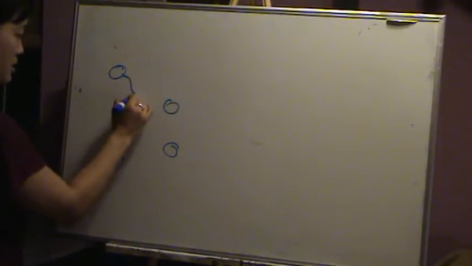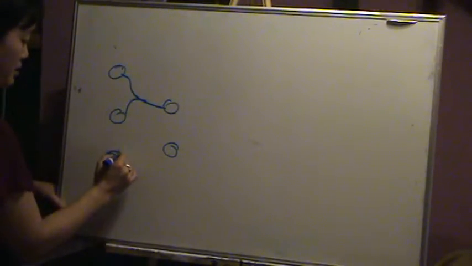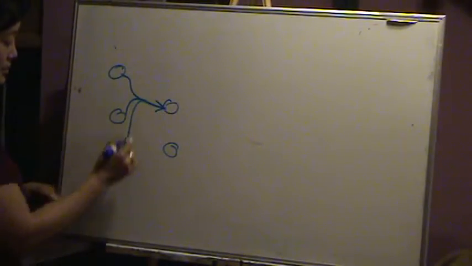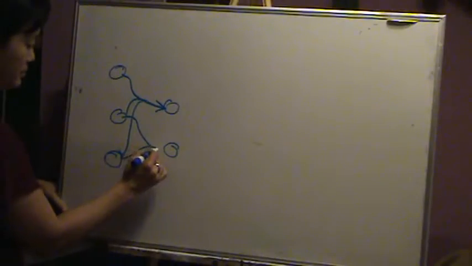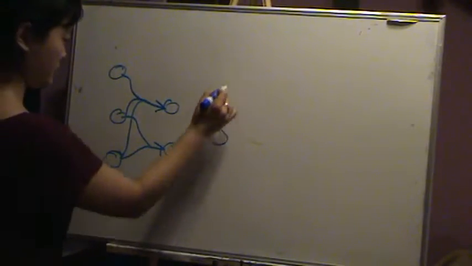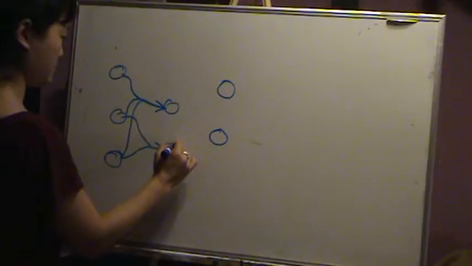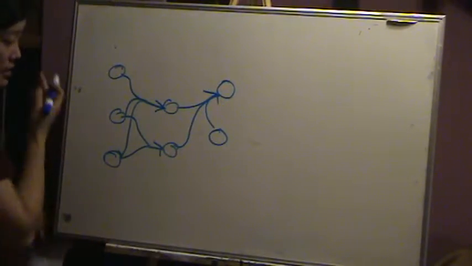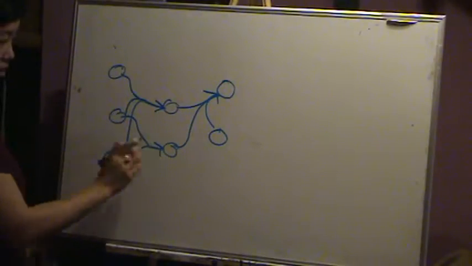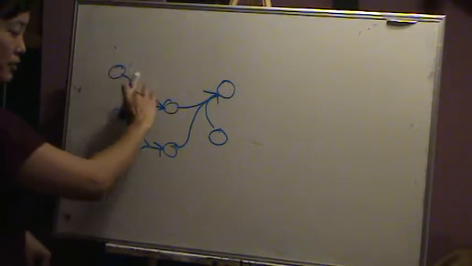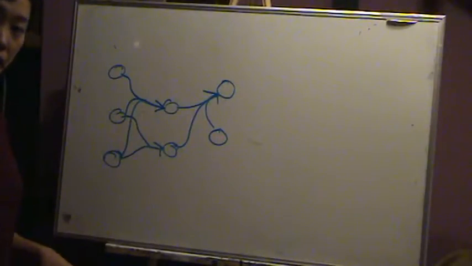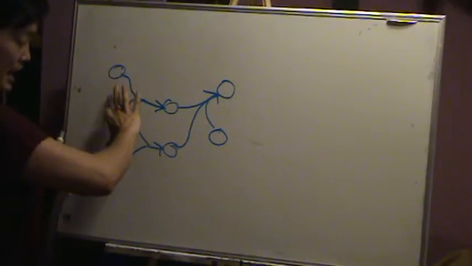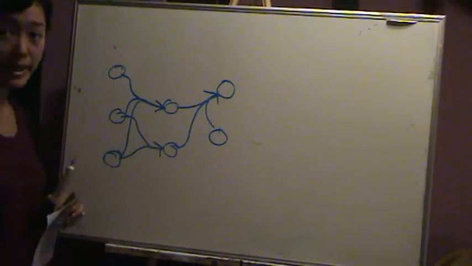There can be 1 or more tails, but there can only be 1 head. As you can see, these all converge onto one. Multiple nodes as tails will converge onto one head.